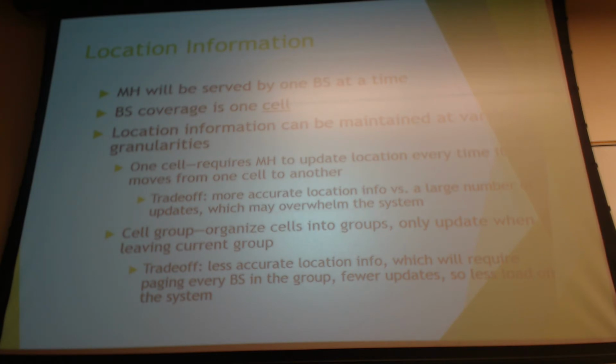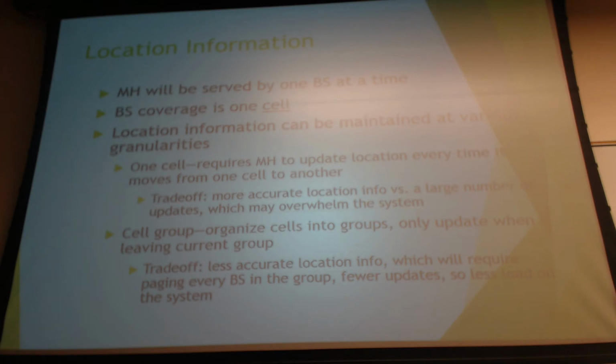So the location of the mobile phone is cell A. Typically the coverage of cell A is maybe 1 or 2 kilometers or maybe 500 meters and so on. So the accuracy of that location information is pretty low, like maybe 1 to 2 kilometers. But that is one way of keeping location information of the mobile host.